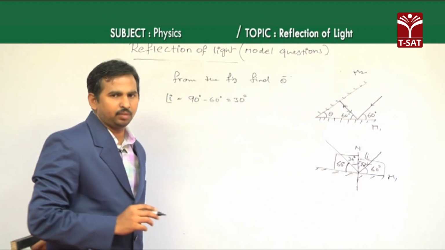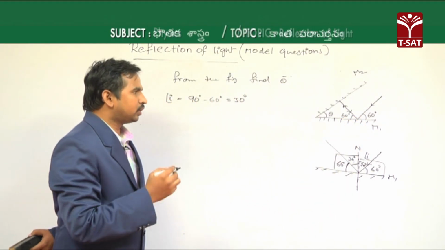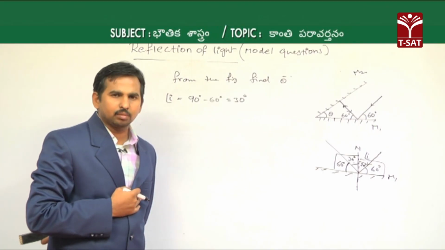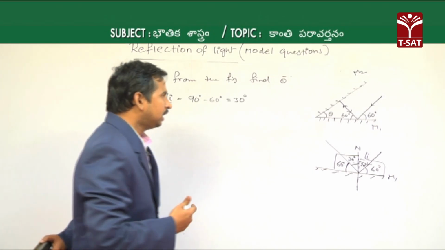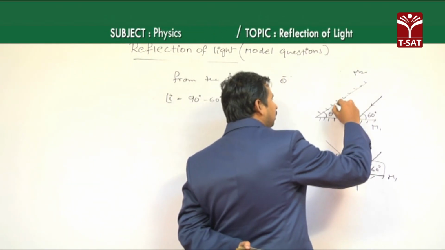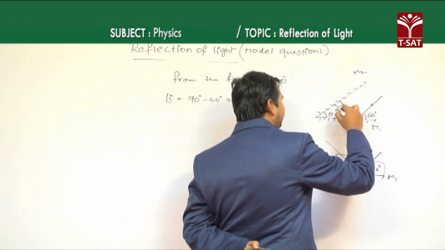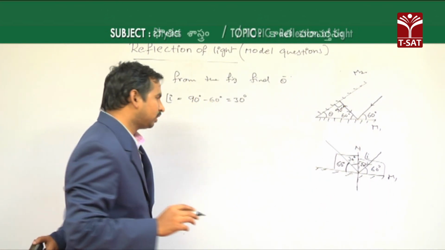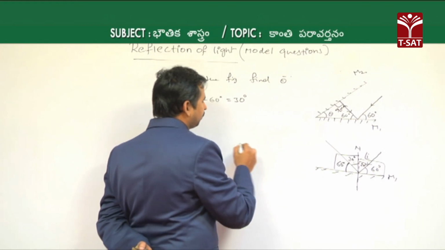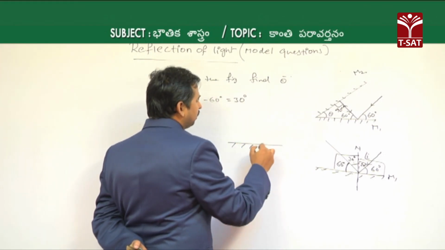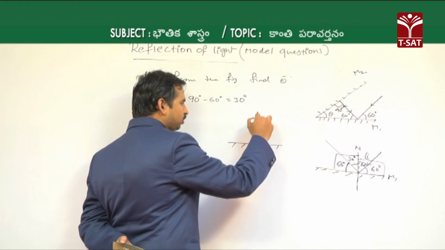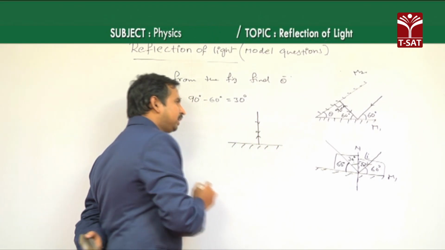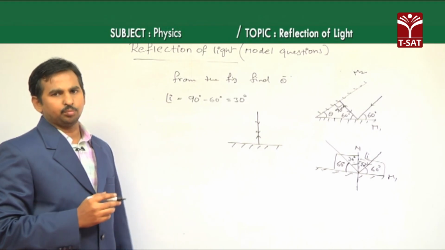As the light ray retraces back in the same path, this means the ray strikes along the normal of the mirror.